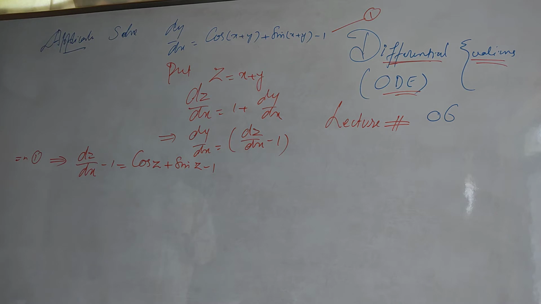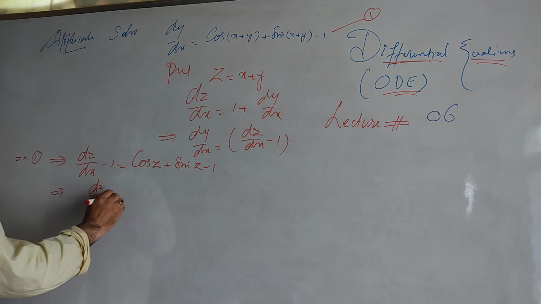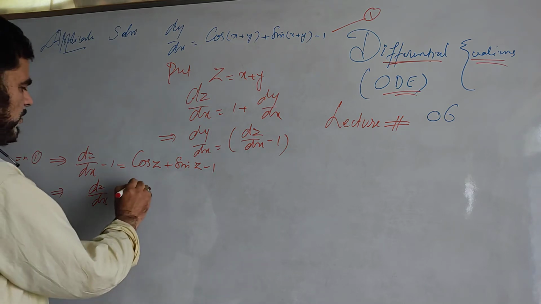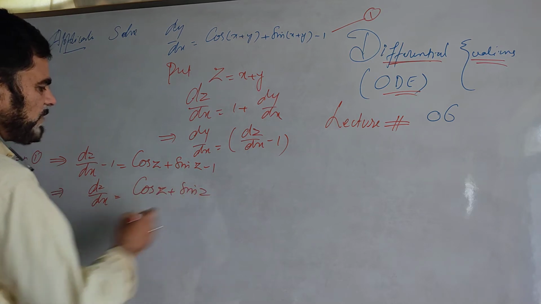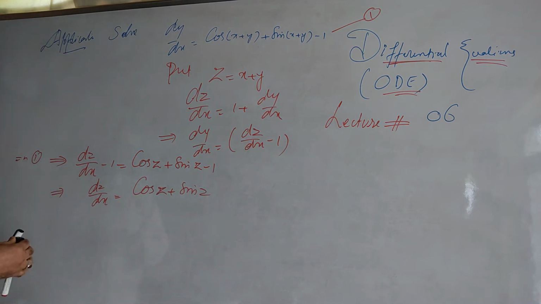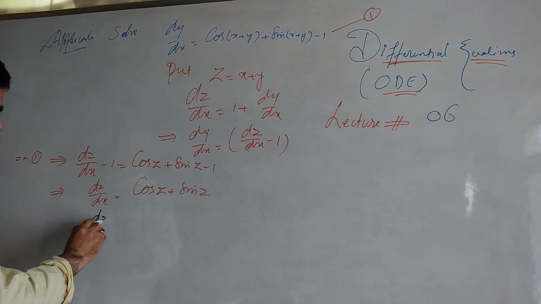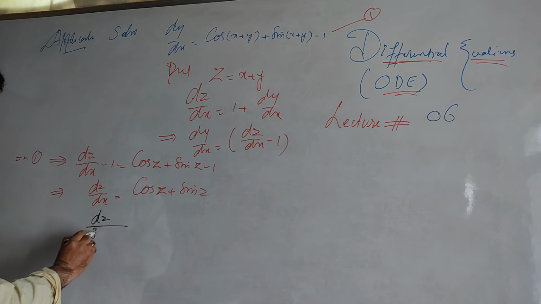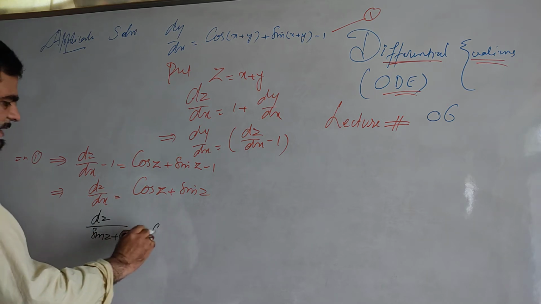This gives dz by dx will be cos z plus sin z. This simplification gives me dz by (sin z plus cos z) is equal to dx.